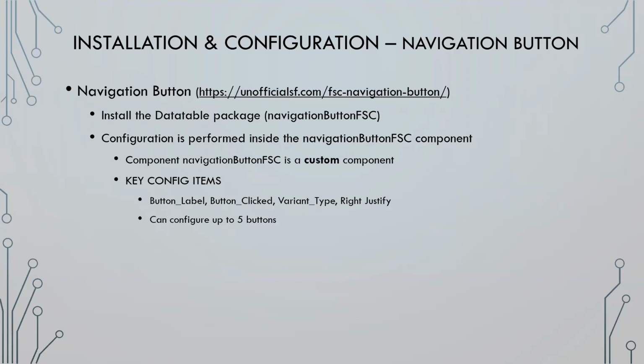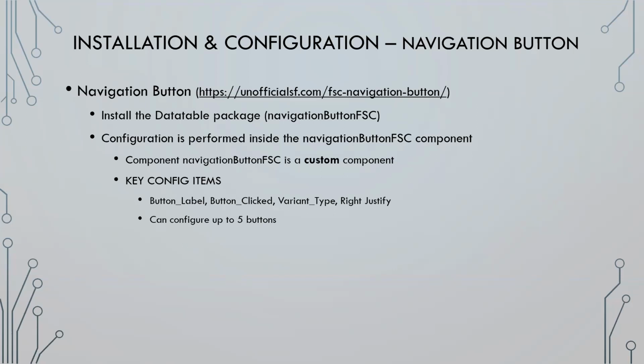And then for the navigation button, a lot more straightforward. Again, you install the package. I have a typo on here I need to fix up, and then you do the configuration of the button also in the component. It's again a custom component that you put in, and then you can set the label.